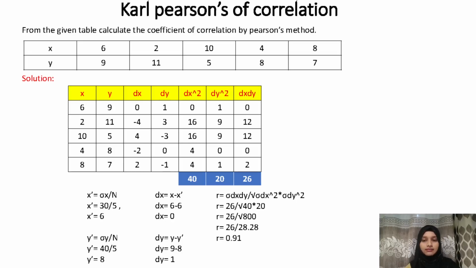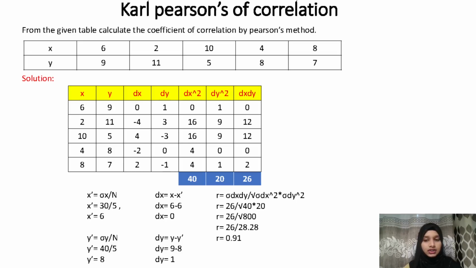How can we calculate the mean? x bar, or x dash, is equal to sigma x upon n. What is sigma x?